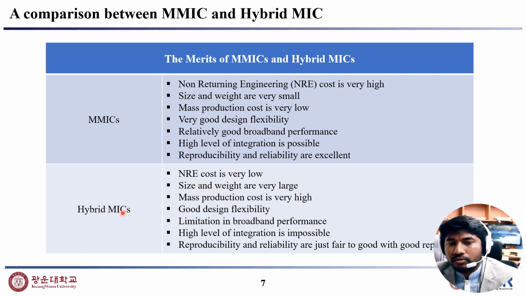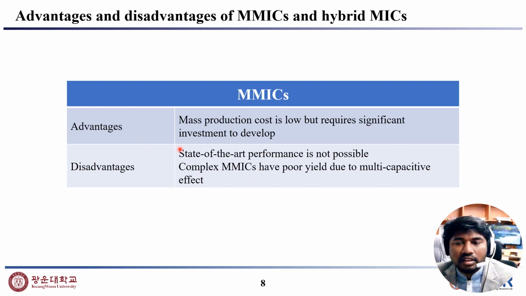Whereas for hybrid MIC, cost is very low, size and weight are very large, and mass production cost is very high. So MMIC has some advantages and disadvantages, and hybrid MICs also have some advantages and disadvantages.